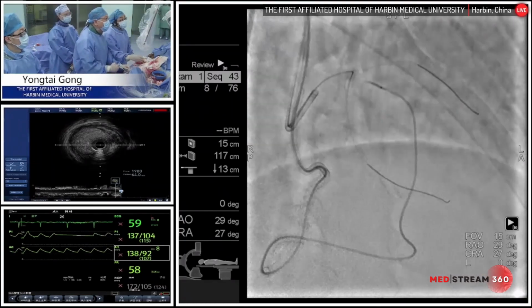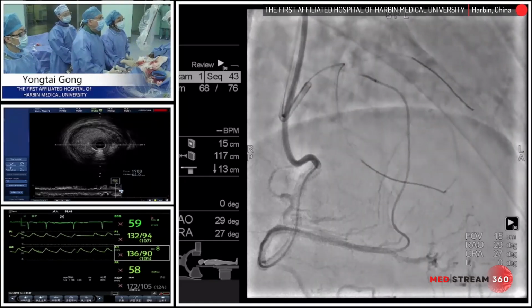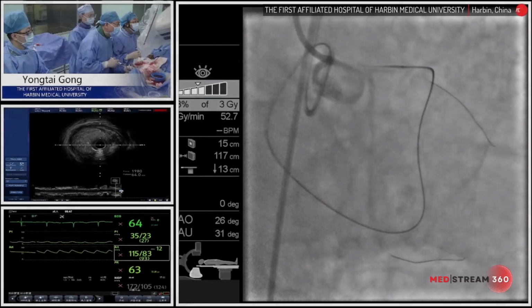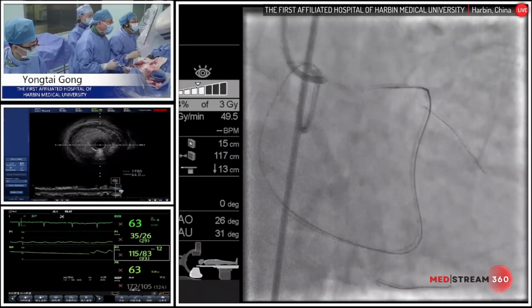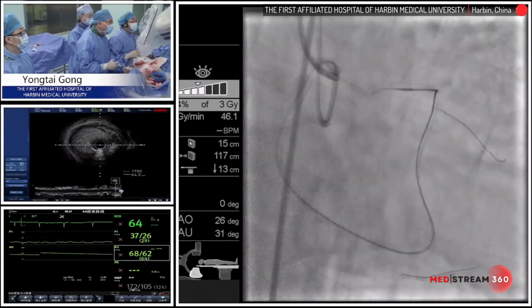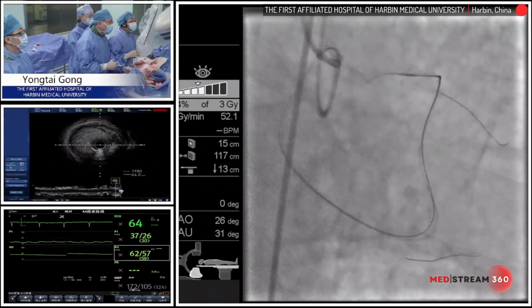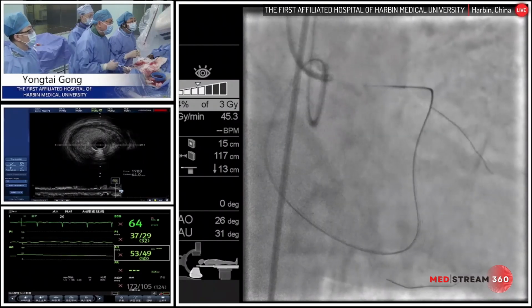Okay, I think that the distal part of the microcatheter has already gone into the CTO segment. We can see that the retrograde wire is trying to make the puncture.